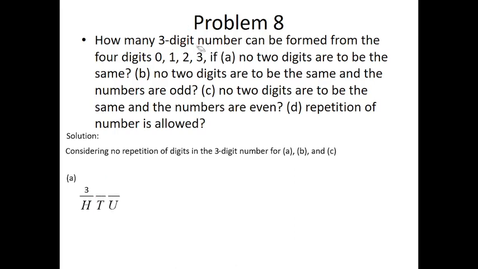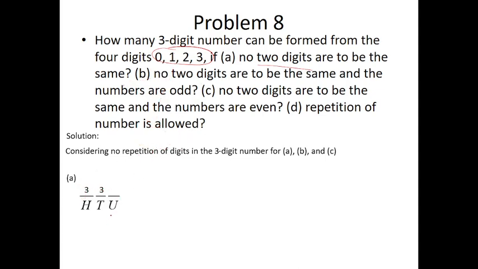Since the hundreds place is already occupied and we cannot repeat what we placed there, because no two digits are to be the same, of the 4 digits, 1 is already occupied. So 4 minus 1, we have 3 left.